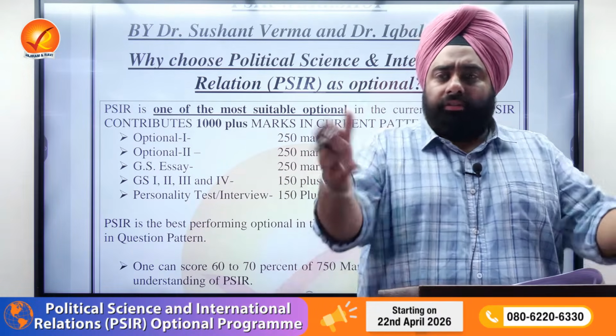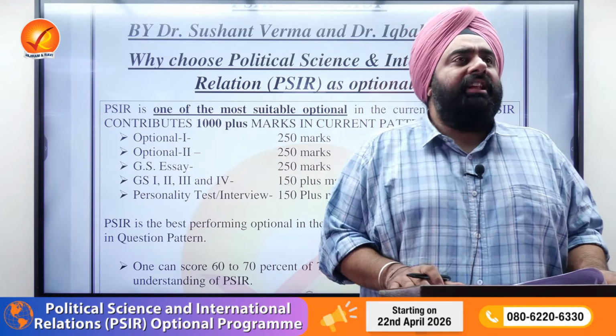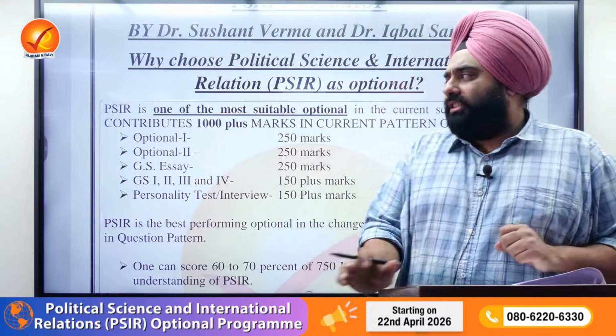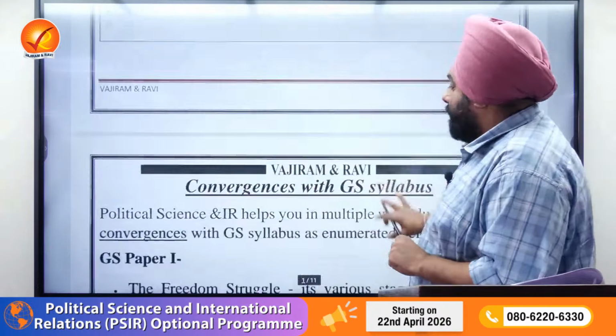You all must have got these handouts, which have the syllabus, and online students, you can download it from the portal. Let's have a quick look at the PSIR Paper 2 syllabus.